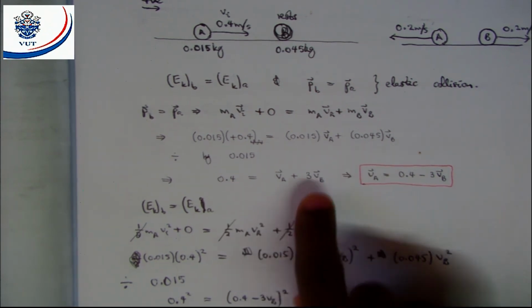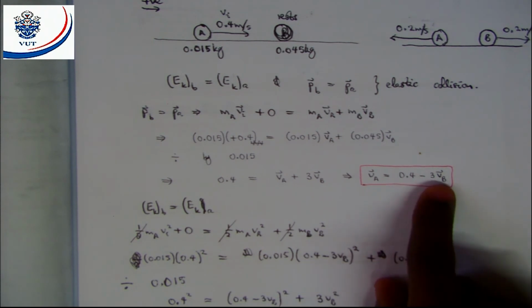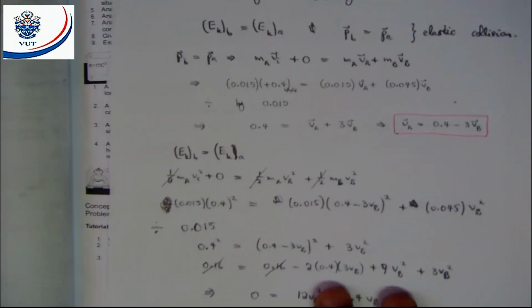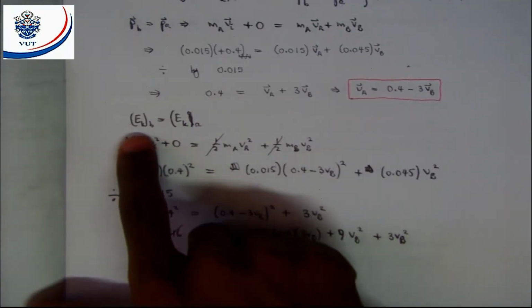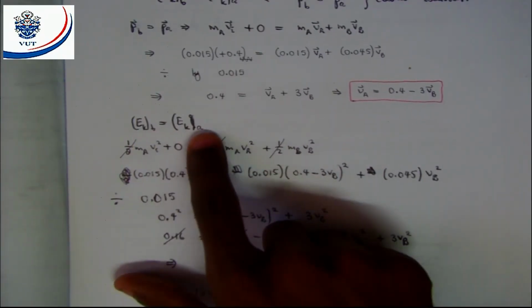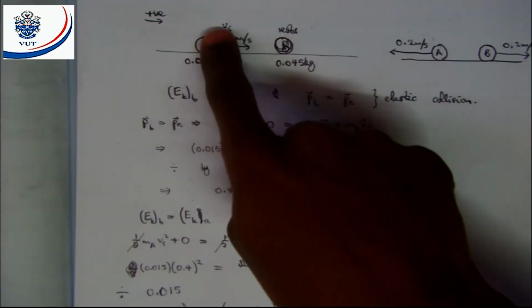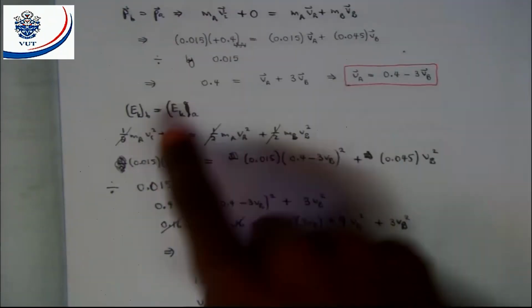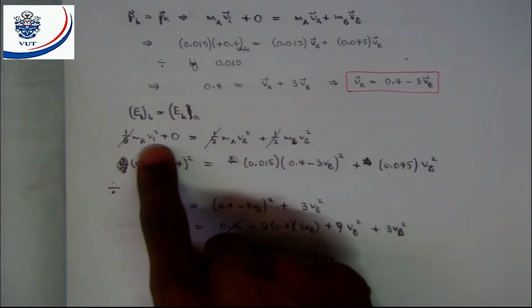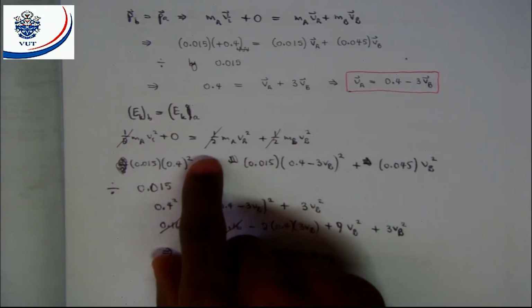From this I can write VA in terms of VB, so it's 0.4 minus 3 VB. Now we use conservation of kinetic energy. Kinetic energy before is kinetic energy after. Before, only A is moving with a speed of 0.4, so it's 1/2 m v squared, and the 1/2s also cancel.